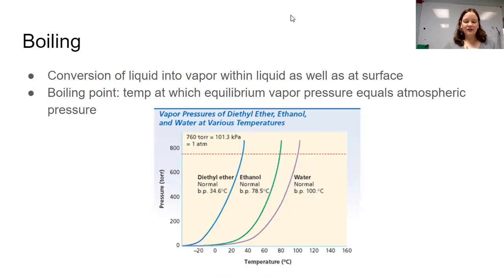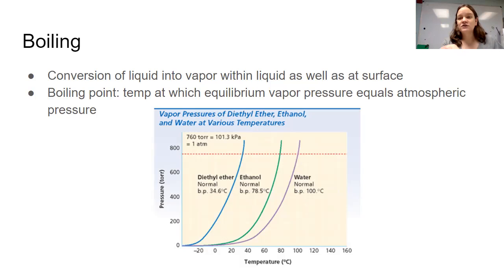All right, so let's talk a little bit about boiling. So we talked about evaporation when we talked about liquids in lesson 2. So evaporation is when just the particles at the surface are escaping into the gas phase. Boiling means that not just at the surface, but particles all throughout our substance are converting into a vapor.